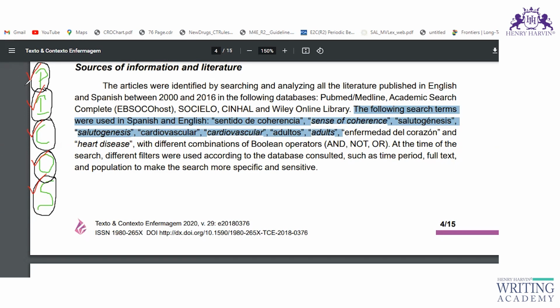So this PICO-S framework, that is population, intervention, comparator, outcome, and study design, will give you an idea of what keywords you have to use.